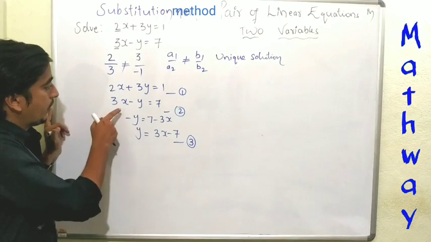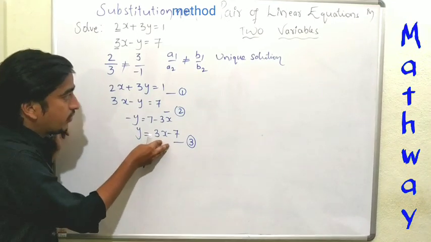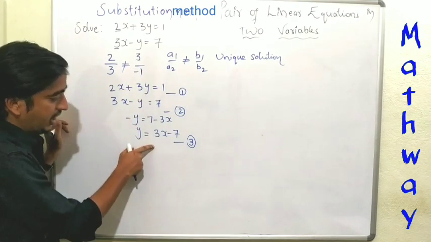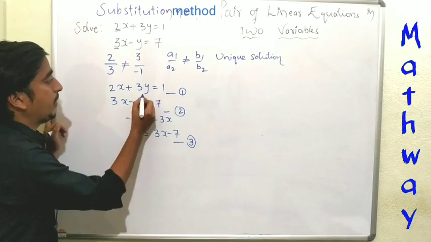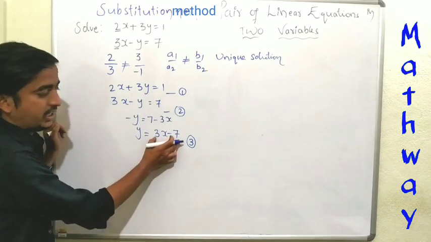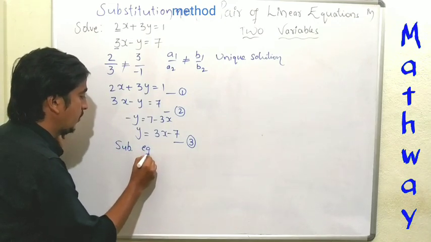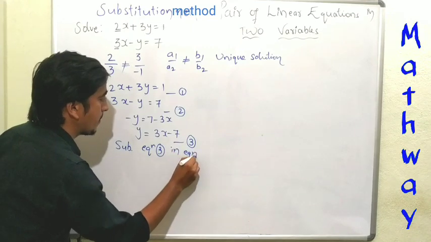From the second equation we have written the y value, so substitute this y value in the first equation. In place of y, write 3x minus 7. Substitute equation 3 in equation 1.